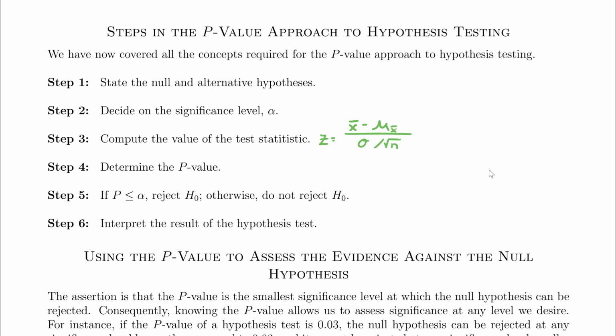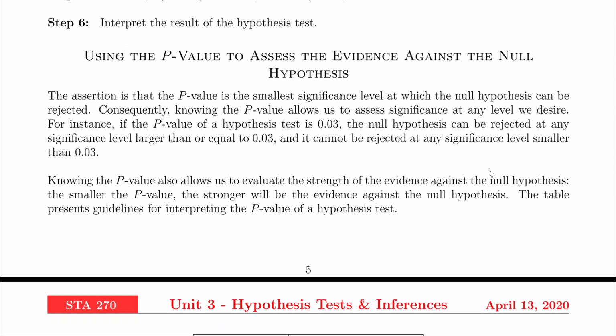So that generates your equation for the test statistic. And then you will determine your p-value by referring back to the z-table, finding that area under the curve. If p is less than or equal to alpha, you reject. Otherwise, you do not reject. And then you interpret that result.